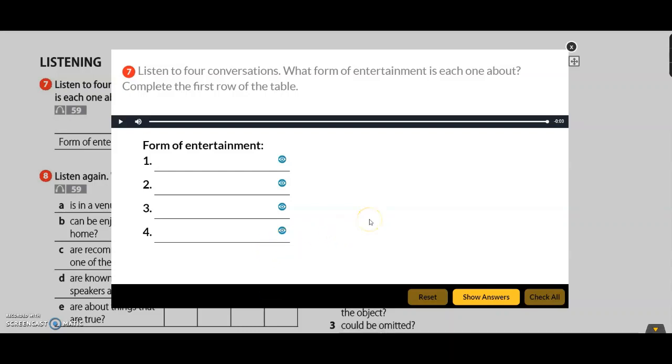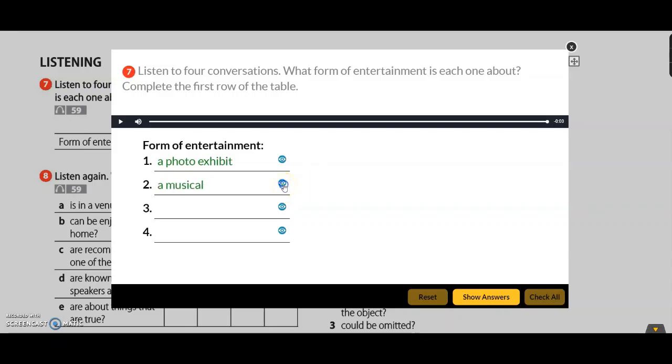So, okay guys, the first one, what does the first one talk about? Let's see the answer. A photo exhibit. It talks about the girl who mentions to her mom that she wants to see photos, and she apparently likes them.